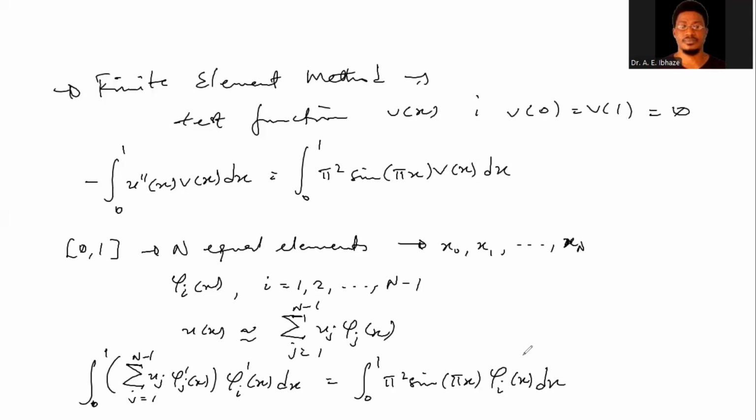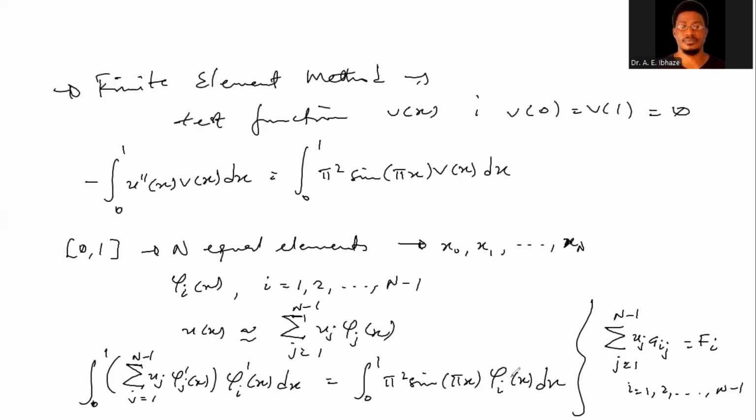Now, this will give us the system described in the form sigma j equals 1 to n minus 1 of u sub j a sub ij being the same as f sub i, for which i takes on the values of the internal points.